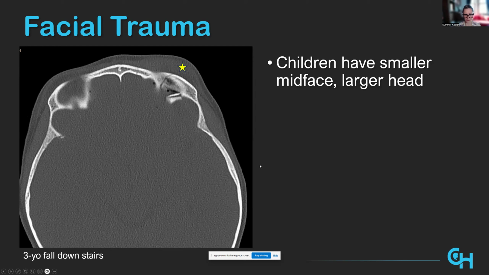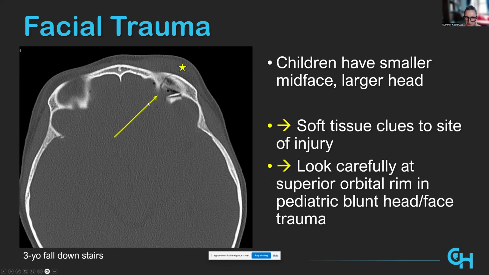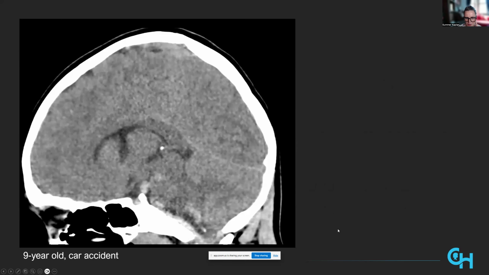If you're not sure where the point of trauma was, if you're a surgeon or an ER doc, you probably can tell from looking at the patient. But those of us in radiology who aren't necessarily seeing the patient with our own eyes, look at the soft tissues to help you know where to focus your attention when you're looking for injury. And so here we have the fracture, which is a place that children are susceptible to injury.